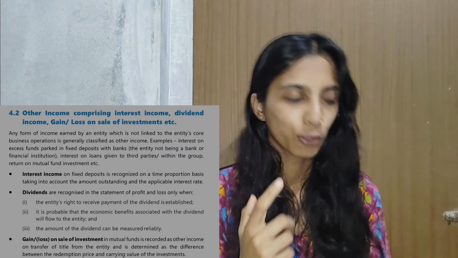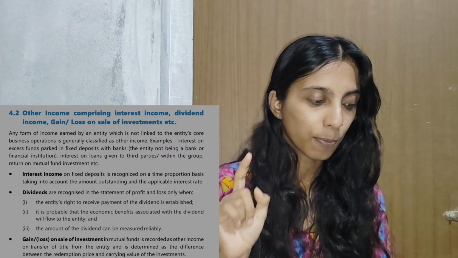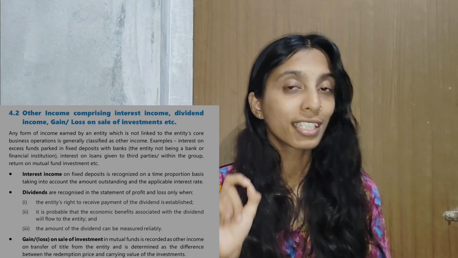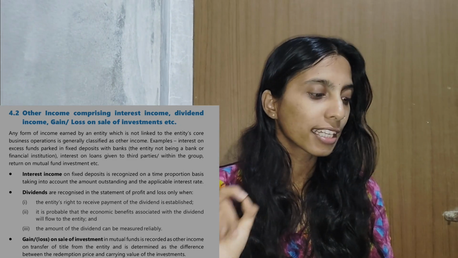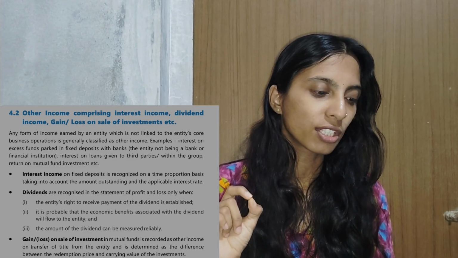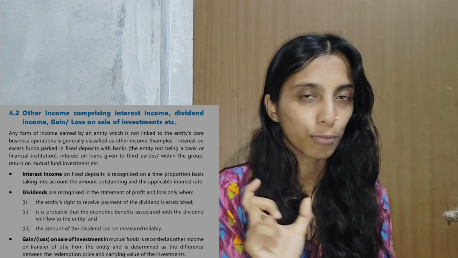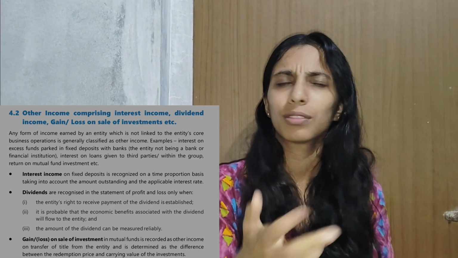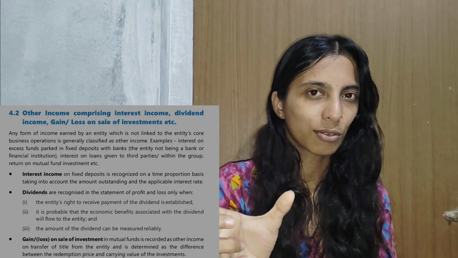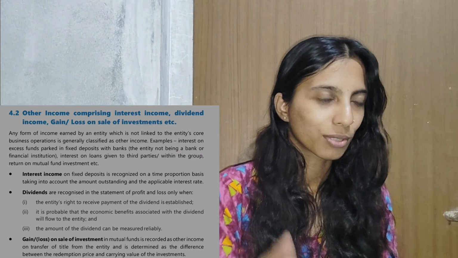Again, I'm going to read it. Interest income on fixed deposits is recognized on a time proportion basis, taking into account the amount outstanding and the applicable interest rate. In this point you need to remember time proportion basis, and you can make the sentence out of it.